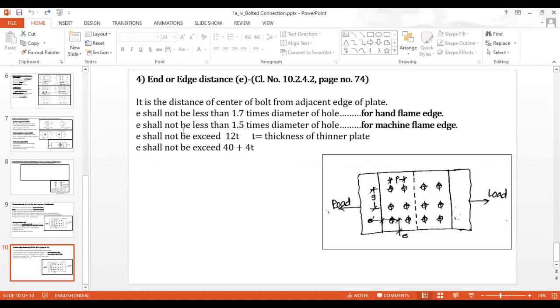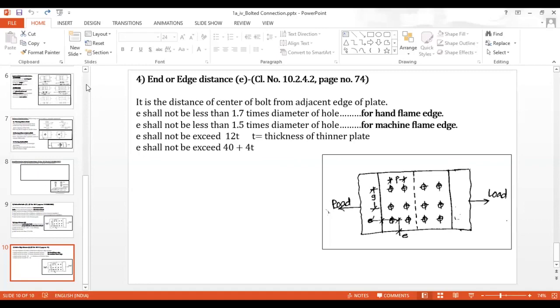Then E should not exceed 1.5 times the diameter of the hole for machine flame cut edges. Then E should not exceed 12t, where t is the thickness of the thinner element, or 40 plus 4 times the thickness. Let me highlight this term, thickness of the thinner plate. If there are two plates of 10 mm and 12 mm, then we take the thickness of the plate as 10 mm.